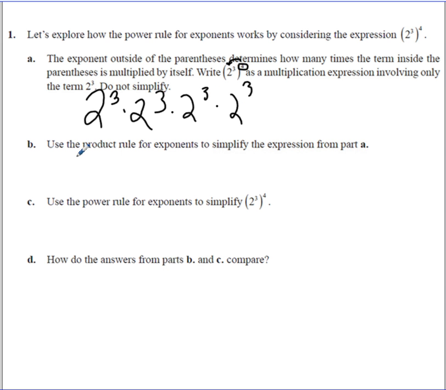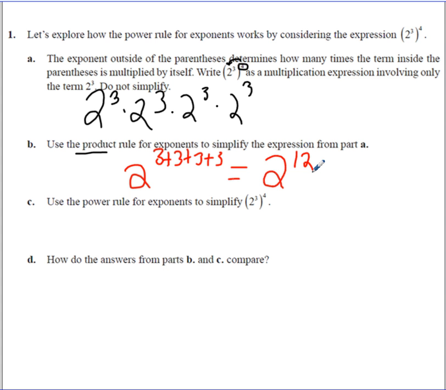And the product rule means when we're multiplying with the same base, we can add those exponents. And so our base is 2, and we're adding all 4 of those 3's together. And then 3 plus 3 plus 3 plus 3 is 12. And so we have 2 to the 12th power.